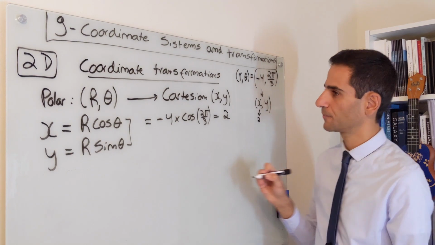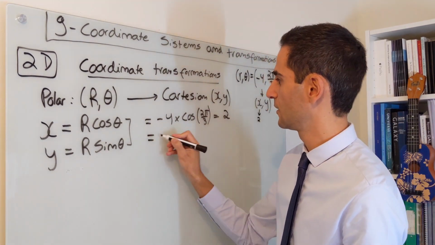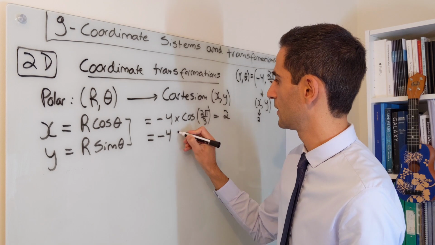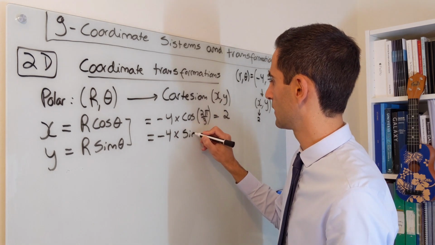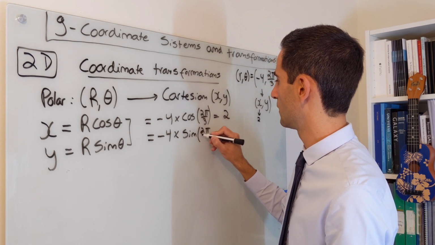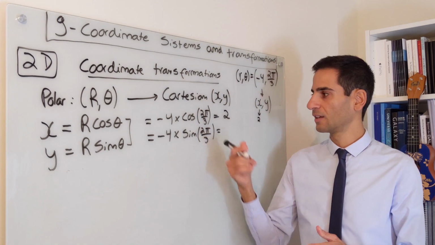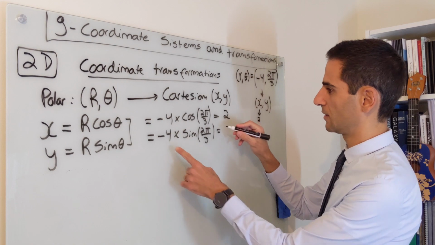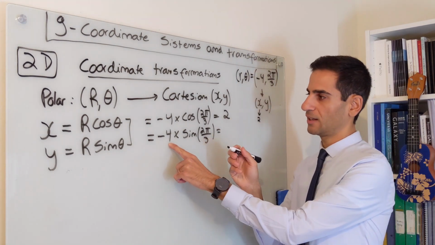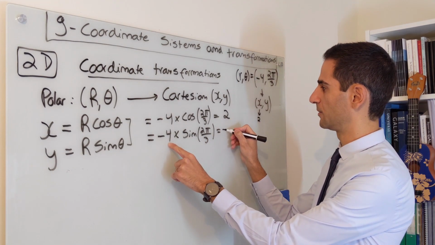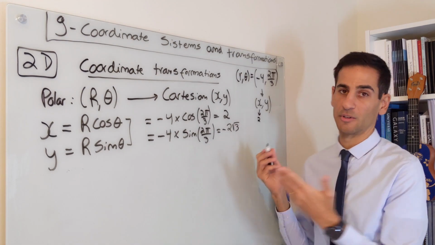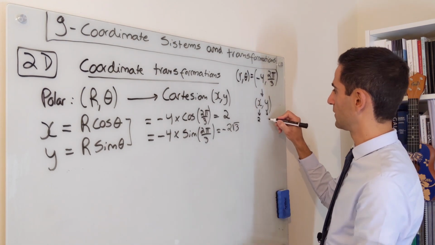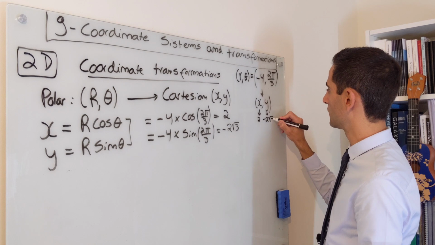And for y, we also have minus 4 times now sine of 2 pi over 3. Sine of 2 pi over 3 is square root of 3 over 2. And we'll be dividing by 2, and we end up with minus 2 square root of 3.